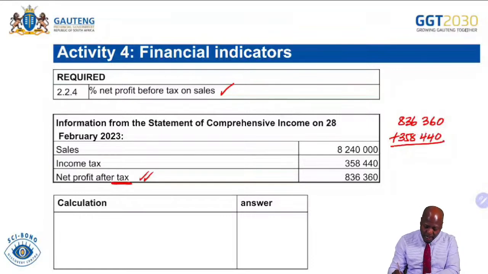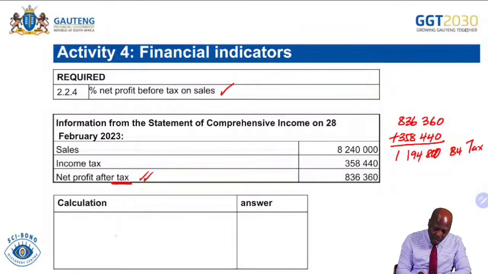And how much do we then get? We end up with 1,194,800. This becomes our net profit before tax. So I know that what I want is 1,194,800.